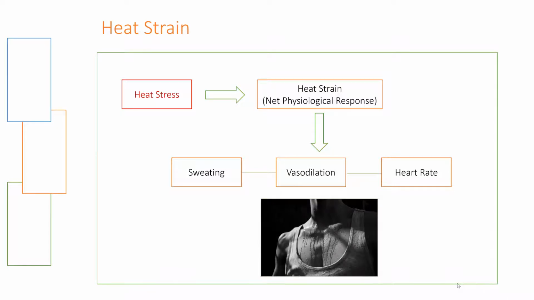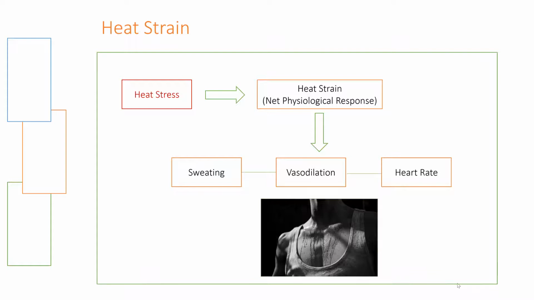So when the environment becomes very hot, the body is going to try to do things to cool itself back down. So what the body can do, one we have here is vasodilate. Vasodilation is where the blood vessels expand. The point of that is to increase the flow of blood at the surface of the skin.